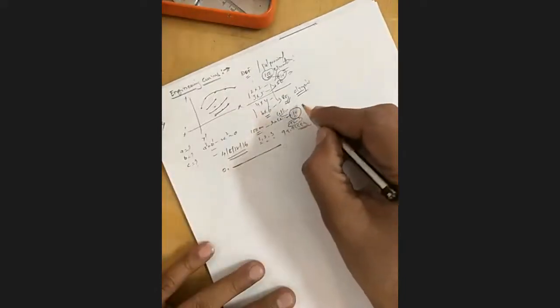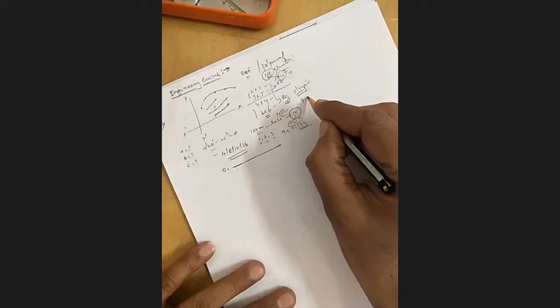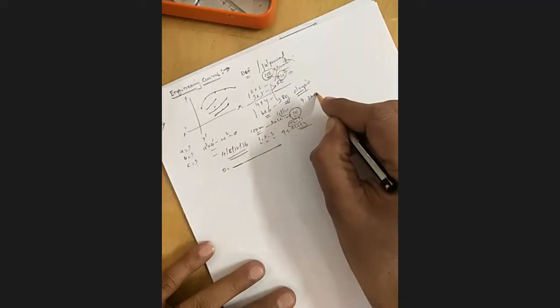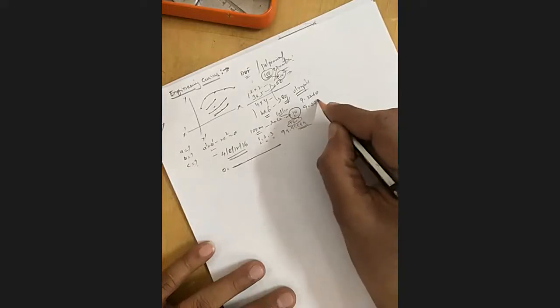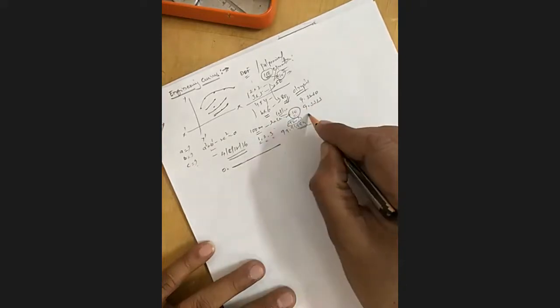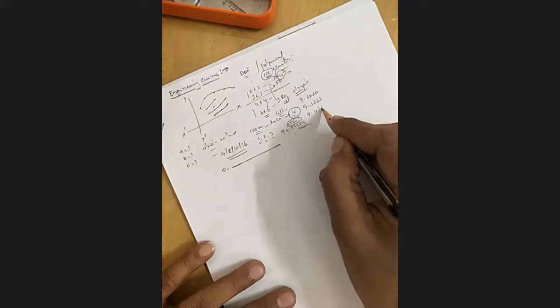If somebody completed the race in 9.3260, the other person got 3.3313, the fourth person got 4317.